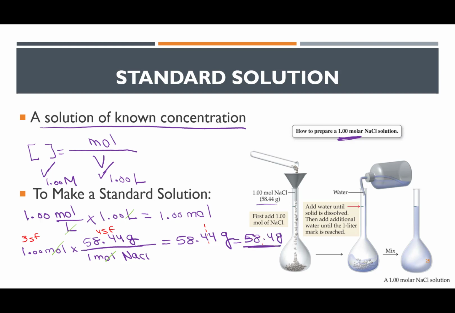Then what you will do, you will go to a scale, any scale, and you weigh out, measure 58.4 gram, or as close as possible to 58.4 grams of sodium chloride, solid sodium chloride. I'll put it as s since it's solid.